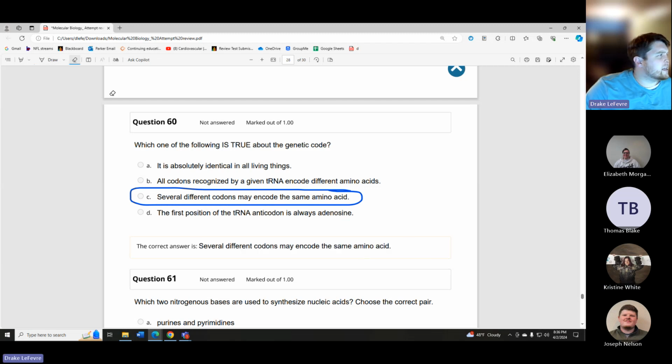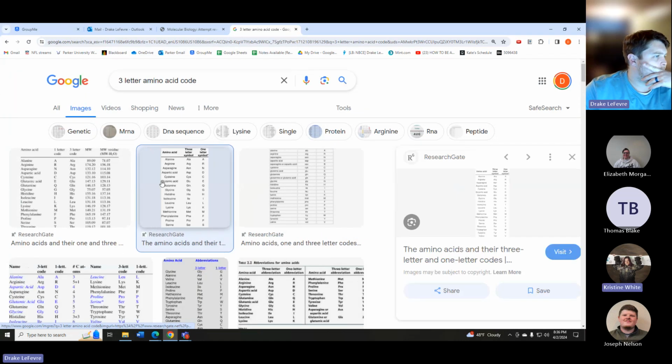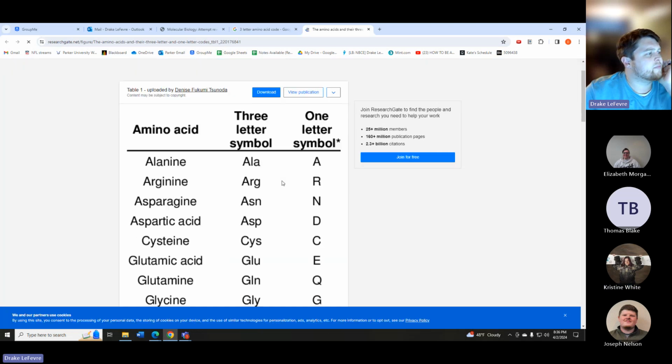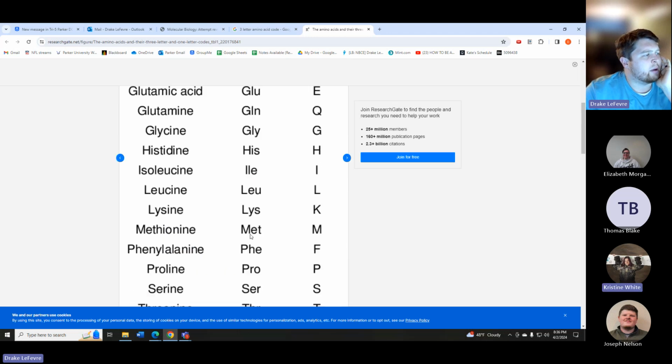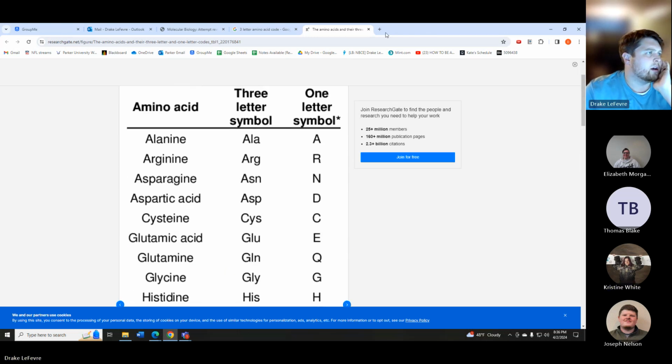I don't know if he still does this. When I took the class, he was pretty big on knowing, probably back in the amino acid unit, the 3-letter amino acid code. I don't think he's been big on it. Okay. When I was in school, in Tri 1, he was big on these.